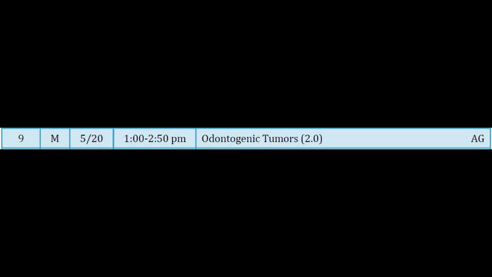So if you saw a unilocular radiolucency between the roots of two teeth, especially a canine and a first premolar in the mandible, and the teeth adjacent to it are vital, what did I say you have to consider on the top of your differential diagnosis? Lateral periodontal cyst. So lateral periodontal cyst would be one you would consider on the top of your differential.